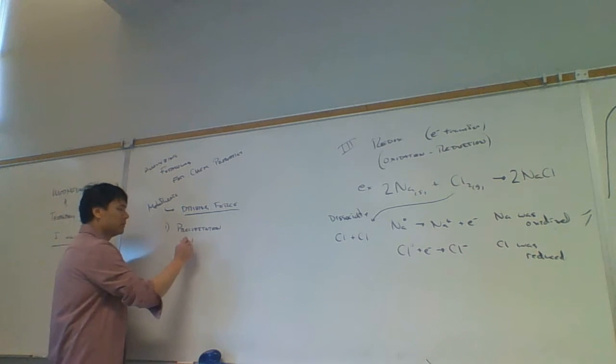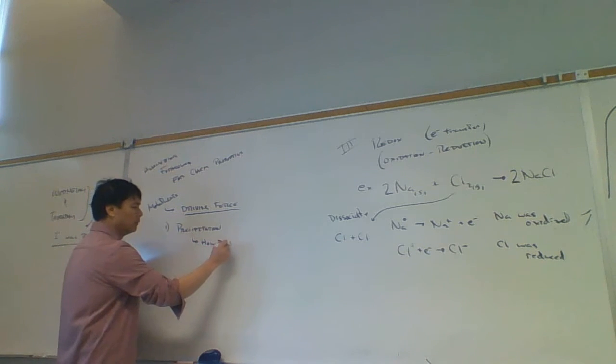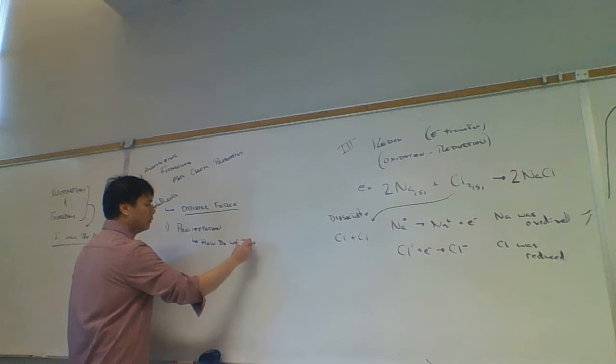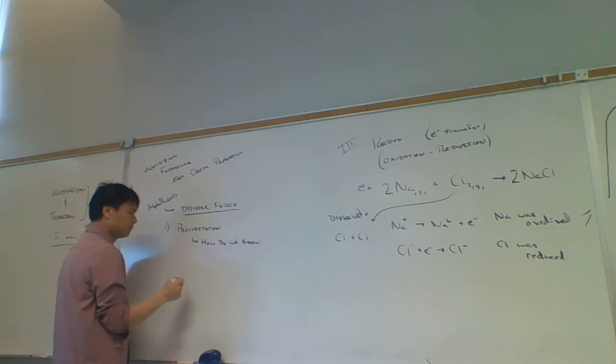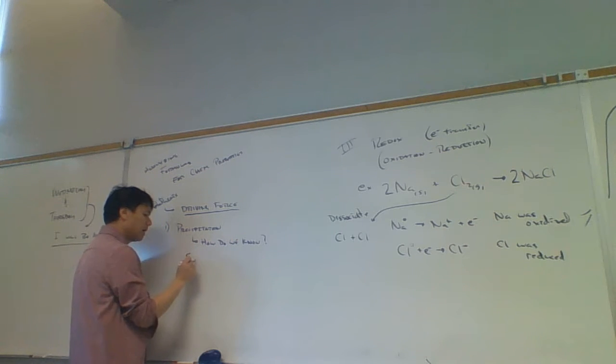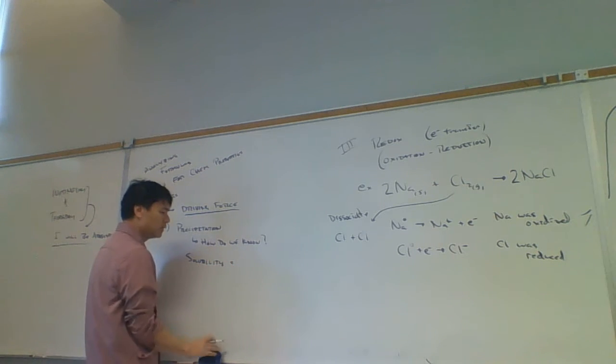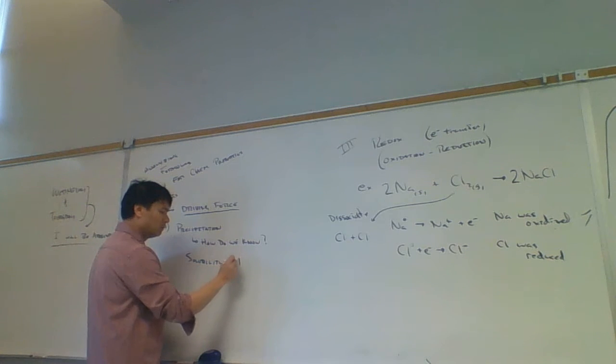Okay, so what precipitates? How do we know? Well, the way we know is by memorizing the solubility rules. We check what's called solubility. Solubility is, does it dissolve in water or not?